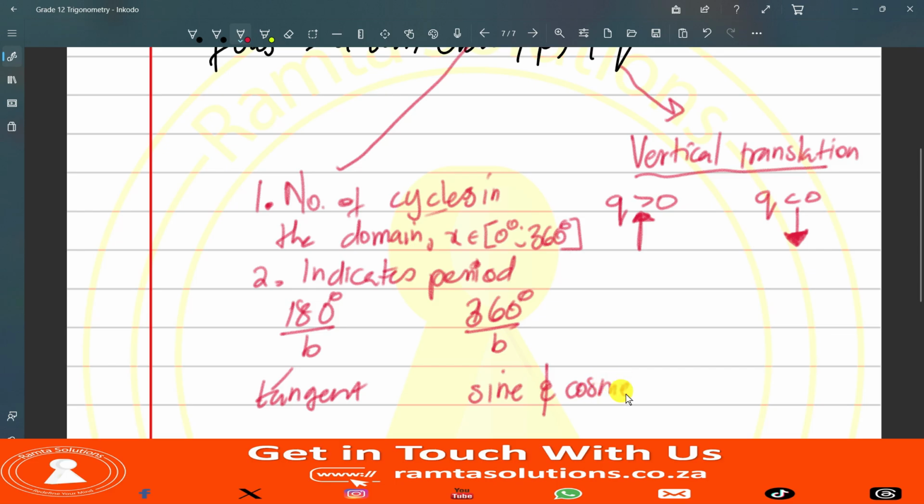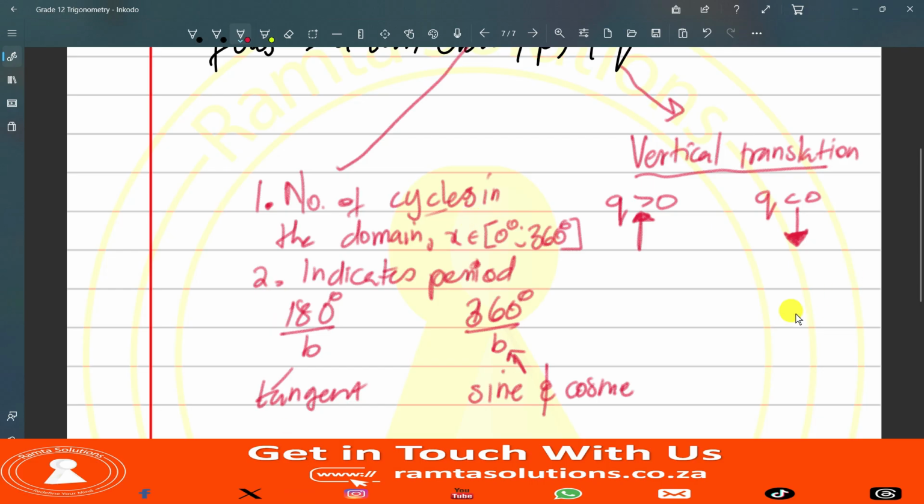For sine and cosine graphs, this is your period. It says you have a complete cycle after how many degrees. That's what it means.